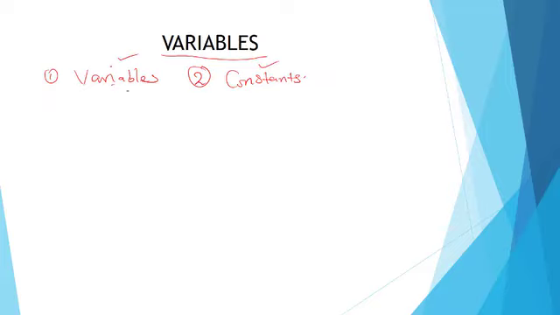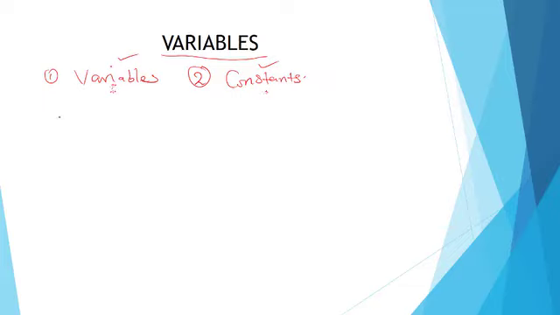A variable is any concept that is free to change from one particular state to another, while a constant is a parameter that cannot be influenced or that remains the same throughout the process. A variable can assume different values, and a constant assumes only a particular value.